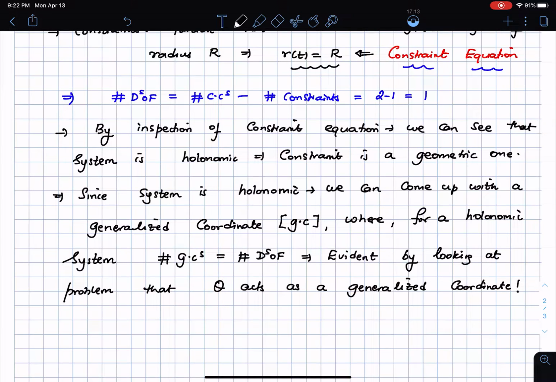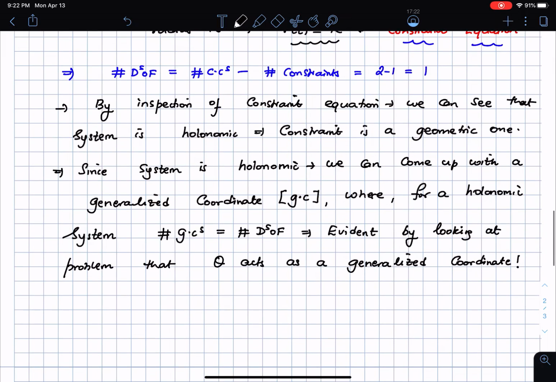Okay, but the problem is this: if I make use of a generalized coordinate, I won't be able to come up with an expression for the constraint force, so I have to use the Lagrange multipliers and use the configuration coordinates.